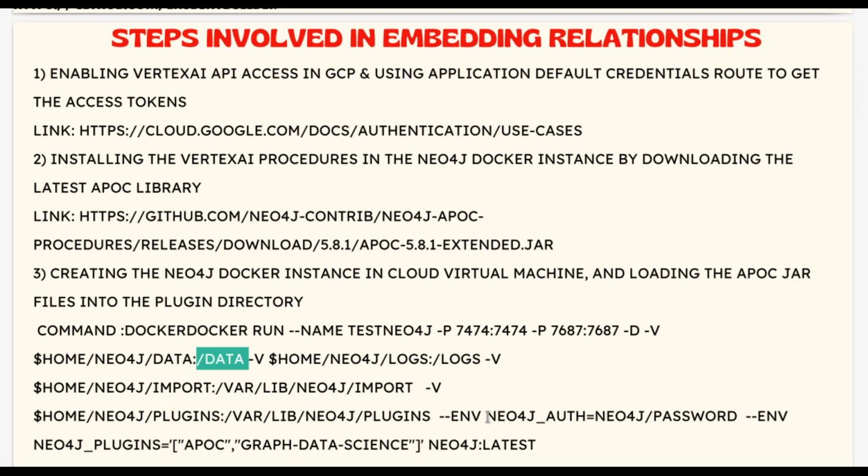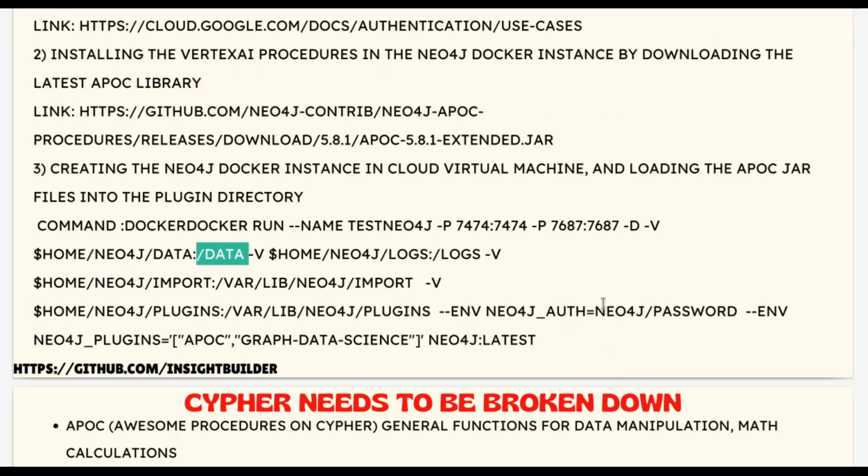If you have to learn a new technology, it is better to work with Docker. That's why I wanted you to understand a bit better how these commands work. And this environment variable, Neo4j auth, is basically the username and the password that you'll be using.